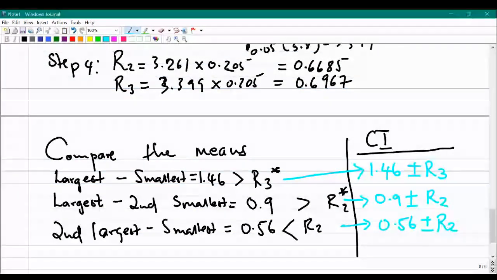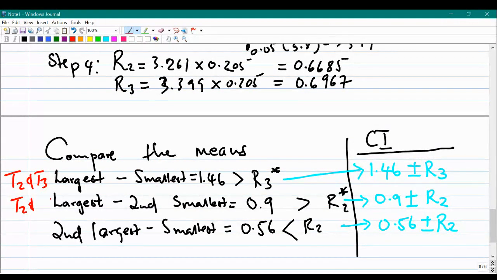The first two. So it's what and what? You compared what and what? T2 and T3, isn't it? This one you're comparing T2 and T3. This one is T2.